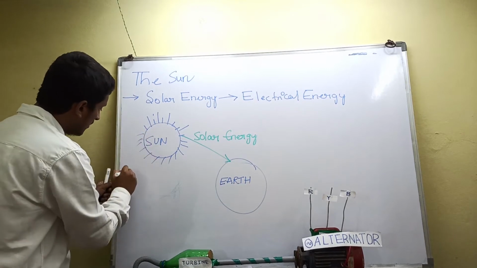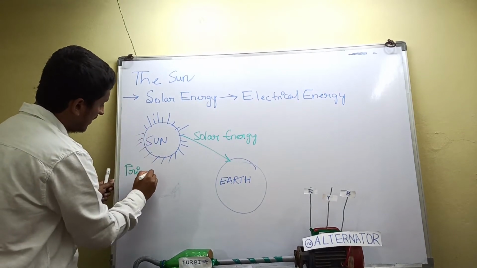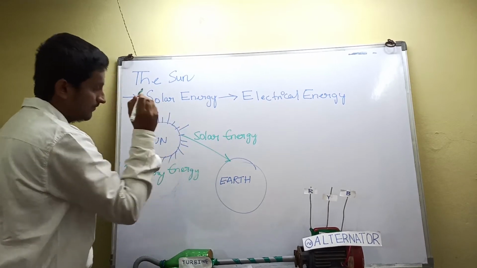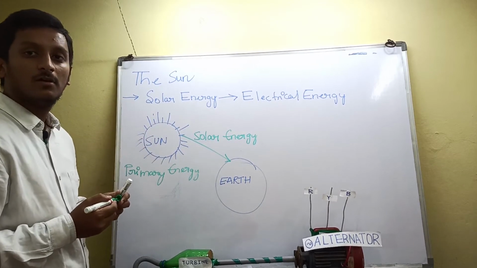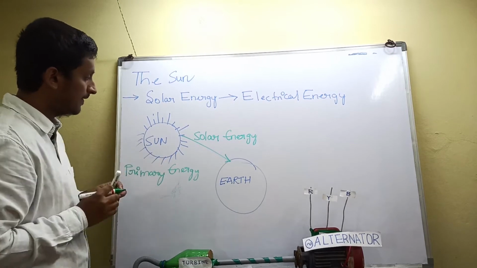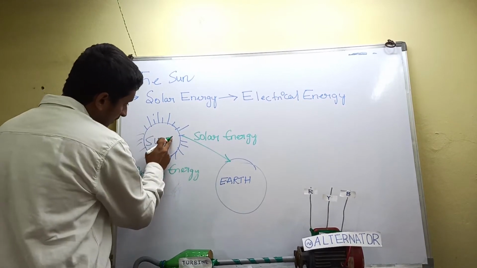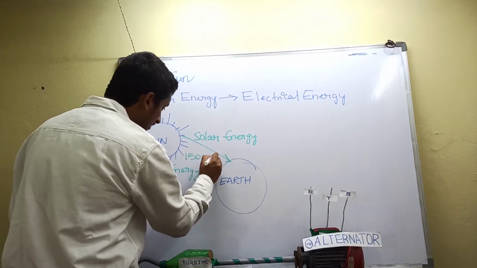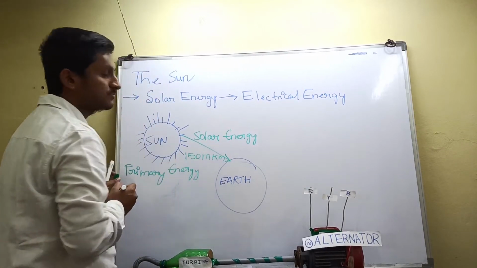The sun is the primary energy source, and the distance from the sun to the earth is 150 million kilometers.